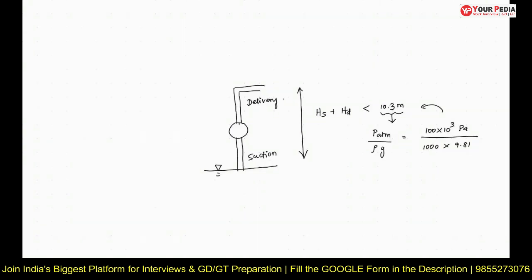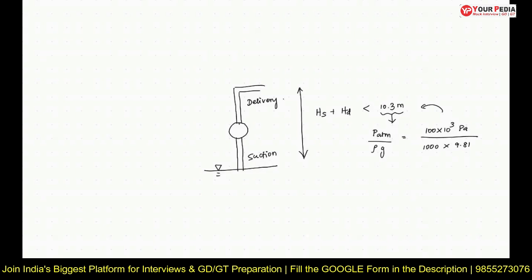Let us suppose you have a single pump. Then tell me what will be the range of the pressure ratio of a single pump? If I take a centrifugal pump or a reciprocating pump, whatever you want, what is the range of pressure ratio? Sorry, sir, I'm not aware.